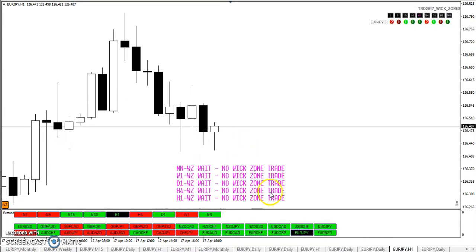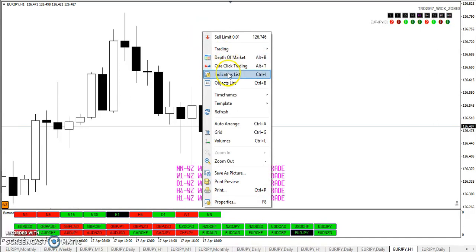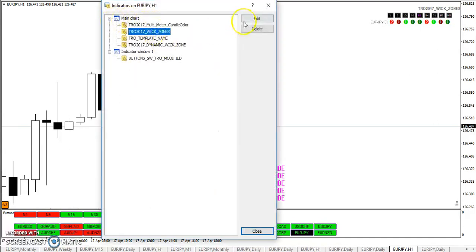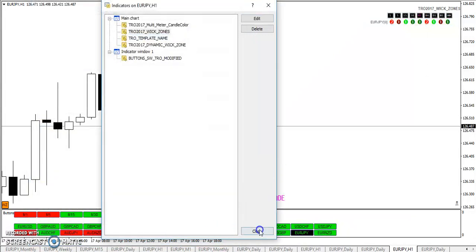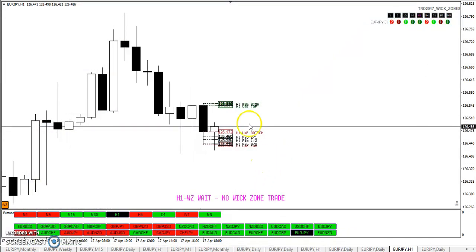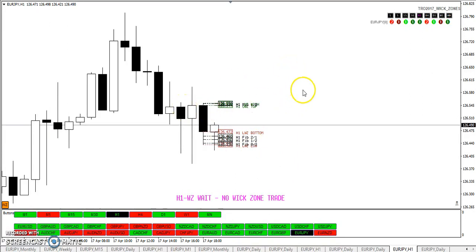So you see how that works dynamically. Now, if you don't like that, you can set it to only show zone false, then you won't get all of that flickering. Some people don't like that.